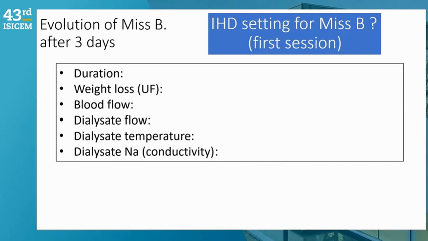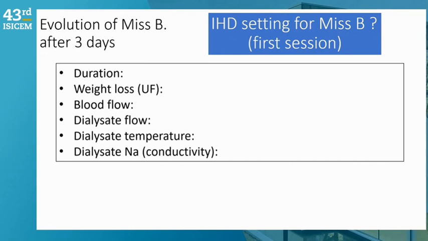But there is one difference. This is the first session. And this is very important. Because if you start with the 8-hour session, why not? Even if you use low dialysate flow, the osmolality will decrease in a few hours, relatively fast. And there is a risk of disequilibrium.